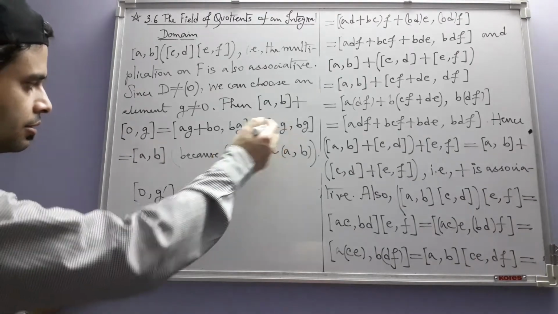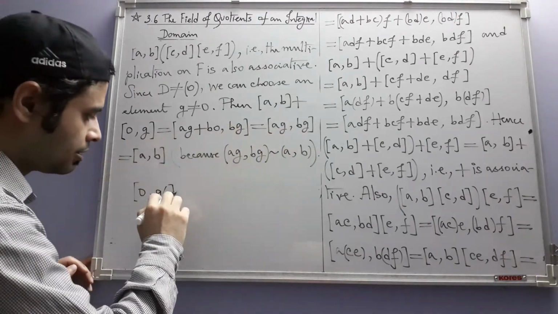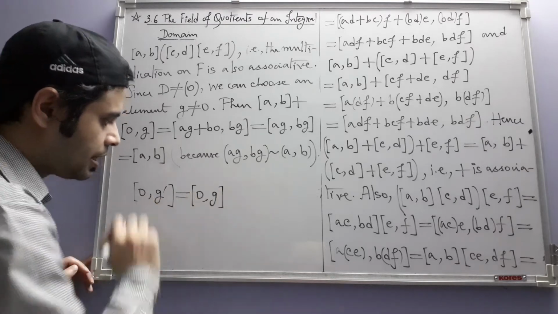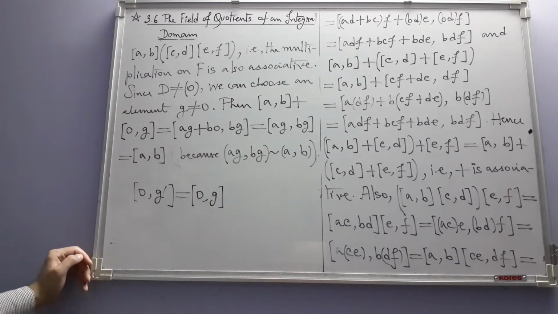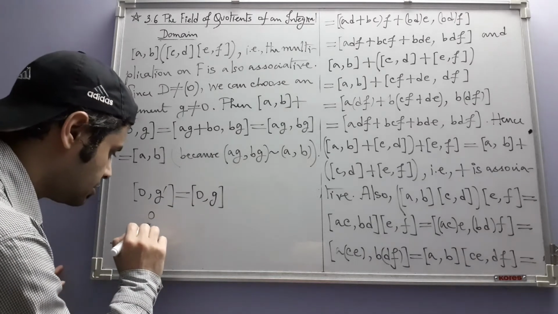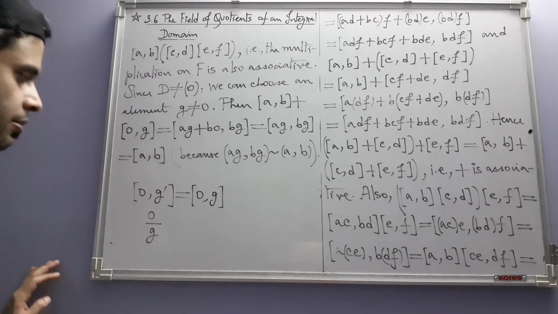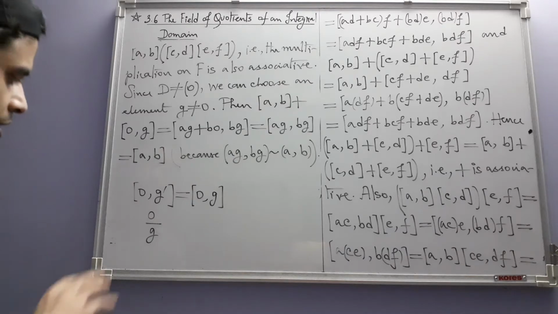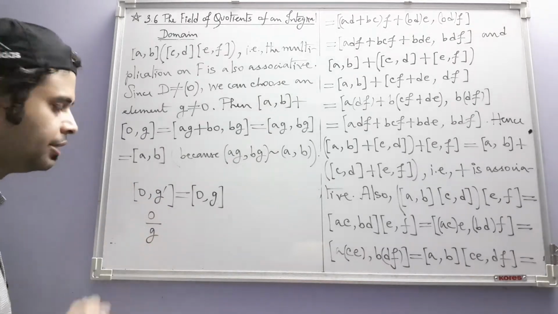You will see, just like we have shown that these two are equal, that these are also equal. It is just like 0 by g. It does not matter what denominator we take. The same is true here, just like the rational number case.